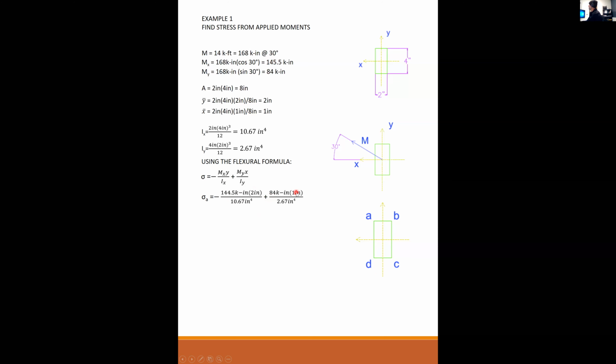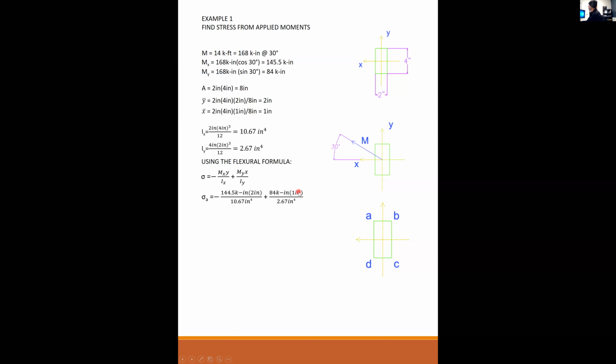Now you have to evaluate x. To get to A from the centroid, I have to move horizontally. So I move 1 inch to the left. But is that 1 inch to the left in the positive x direction or the negative x direction? It's going to be in the positive x direction.